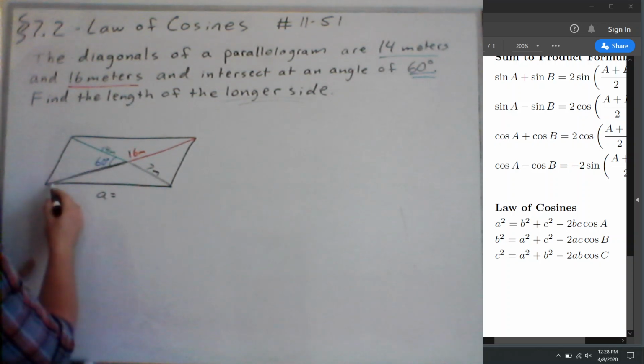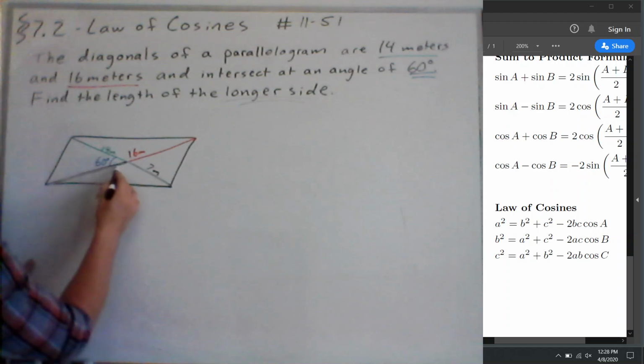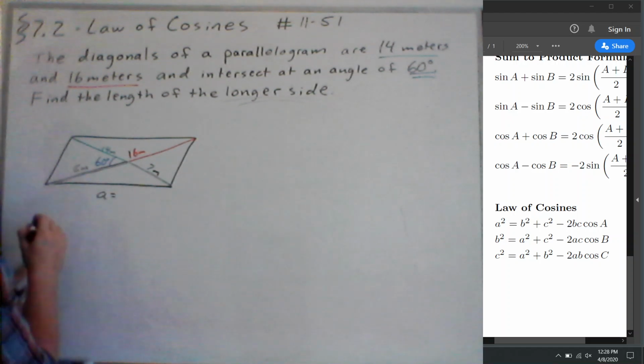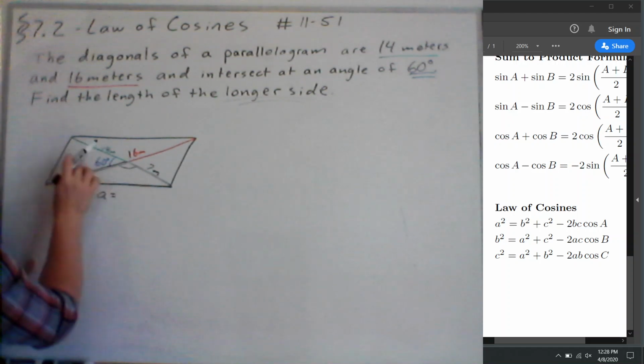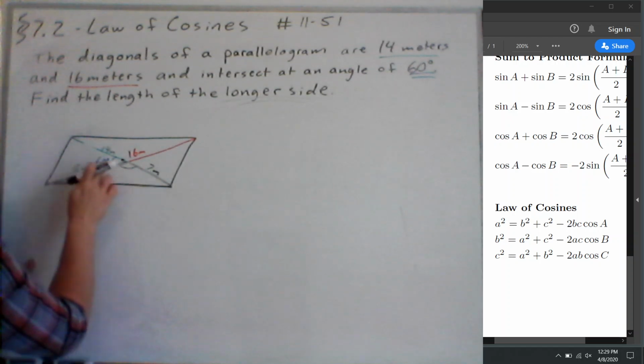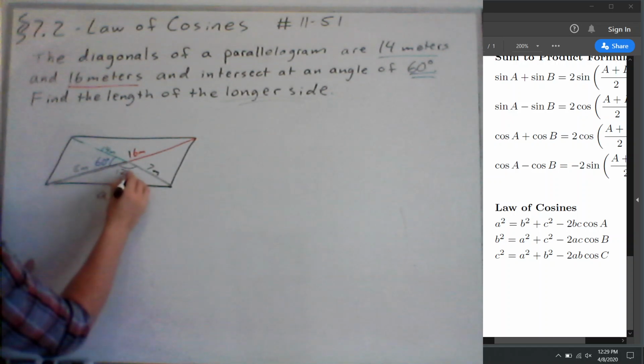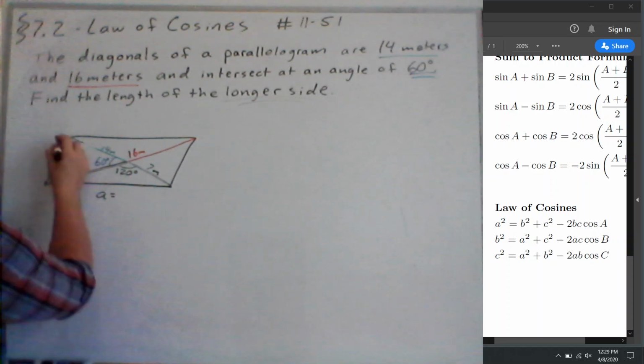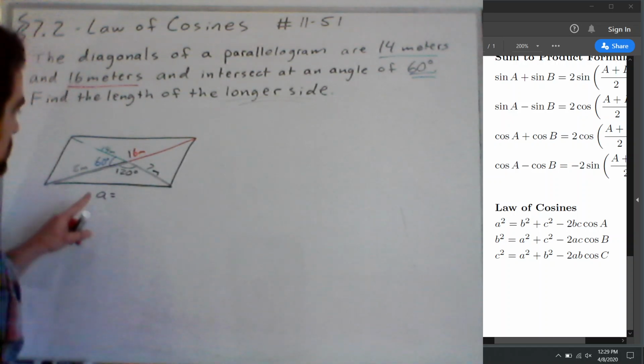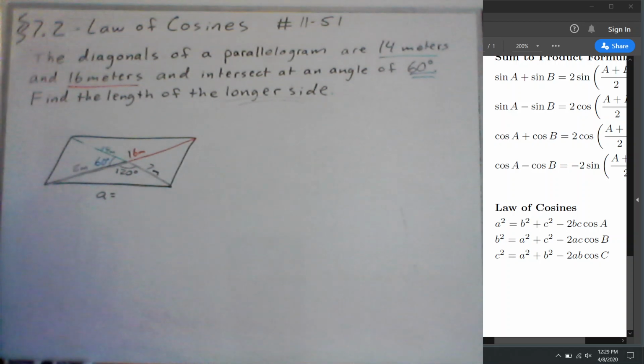This long side here should be half of 16. It should be 8 meters. And this angle here, well, if this is a straight line, then these two angles are supplementary angles. So this must be 120 degrees. If this is a straight across diagonal, then that's 180 degrees. 120 and 60 is 180. So if that's 60, that has to be 120.